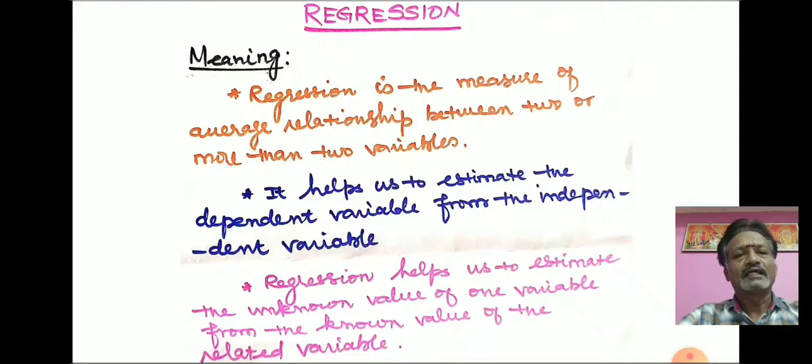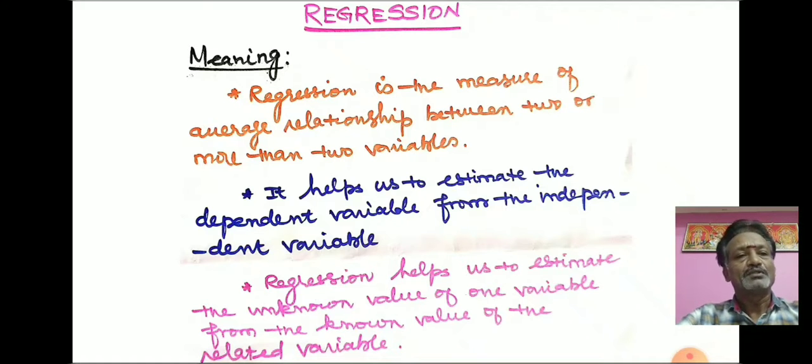So here the regression helps us to estimate the dependent variable from the independent variable. Under regression, there are two kinds of variables. One is the dependent variable and the other is called the independent variable. So it is possible for us to estimate the dependent variable from the independent variables.